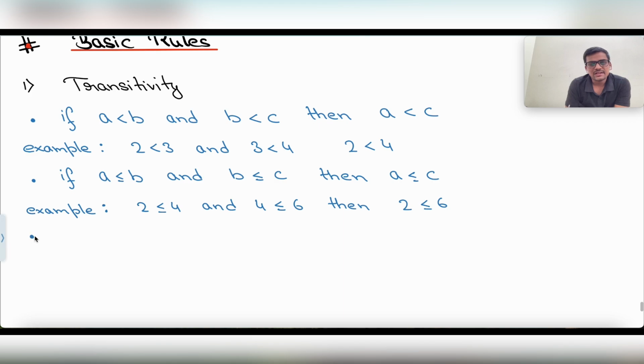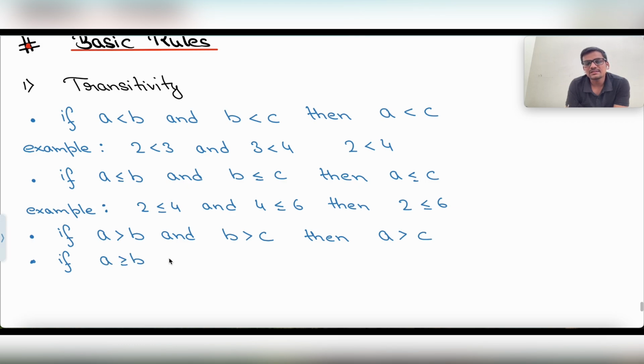The other two you can write by yourself. That is, if A is greater than B and B is greater than C, then this transitivity property says that A is greater than C. And one more is, if A is greater than or equal to B and B is greater than or equal to C, then A is greater than or equal to C. Understood?